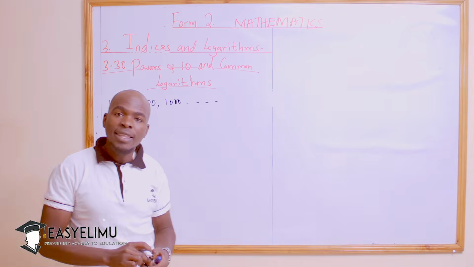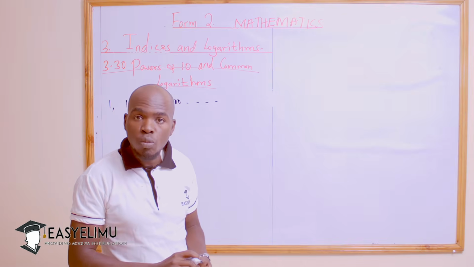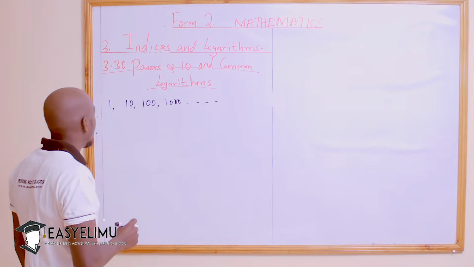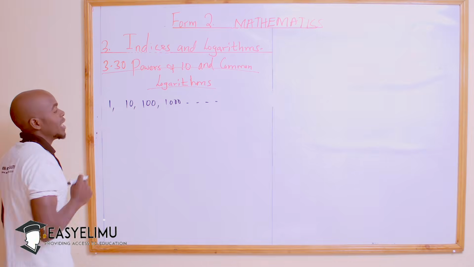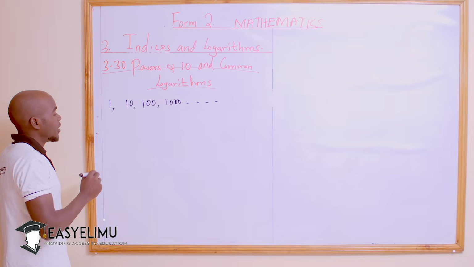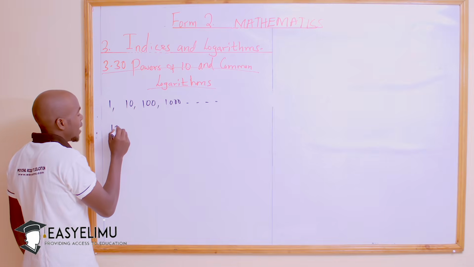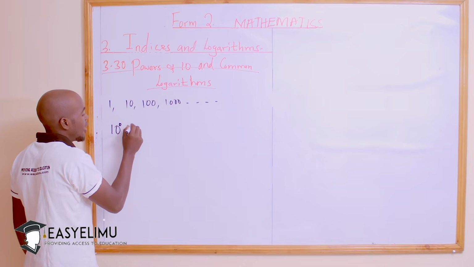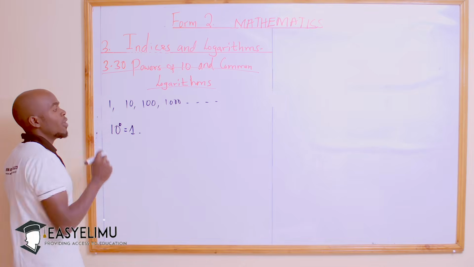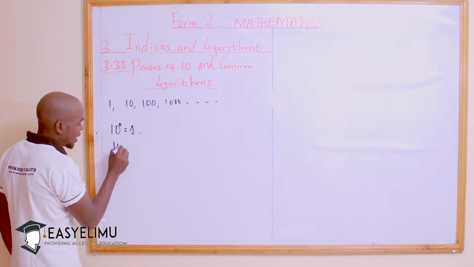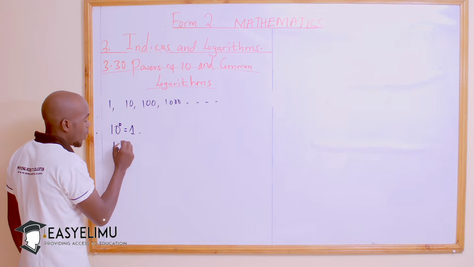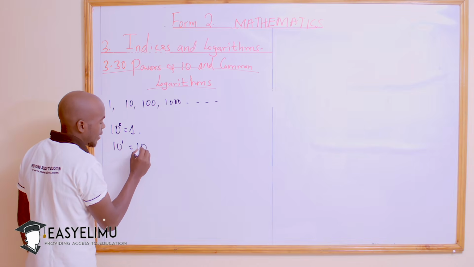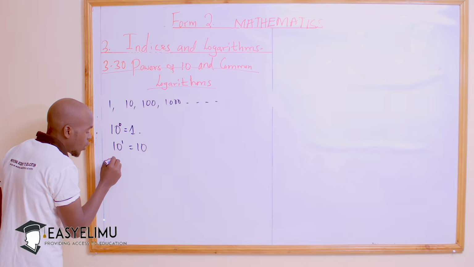And if we write these numbers in index form, we shall find that in order to get 1, we shall write it as 10 raised to 0. 10 raised to 0 will give us 1. And if you want to get 10, it shall be 10 raised to power 1. The same applies to 100.